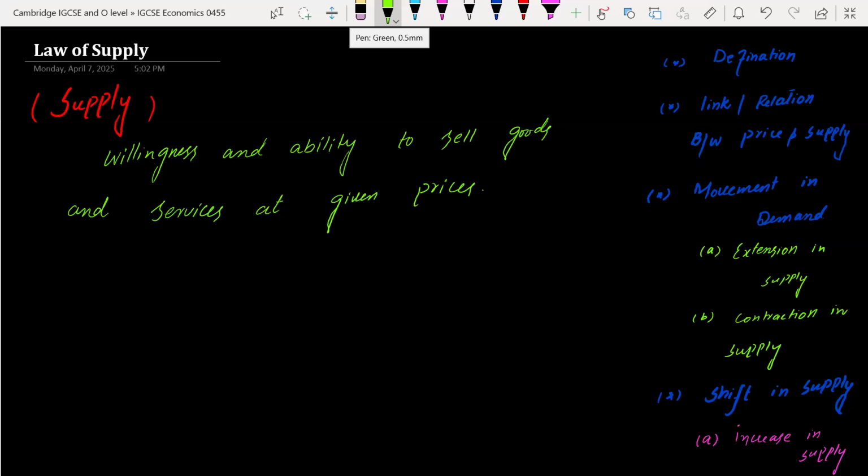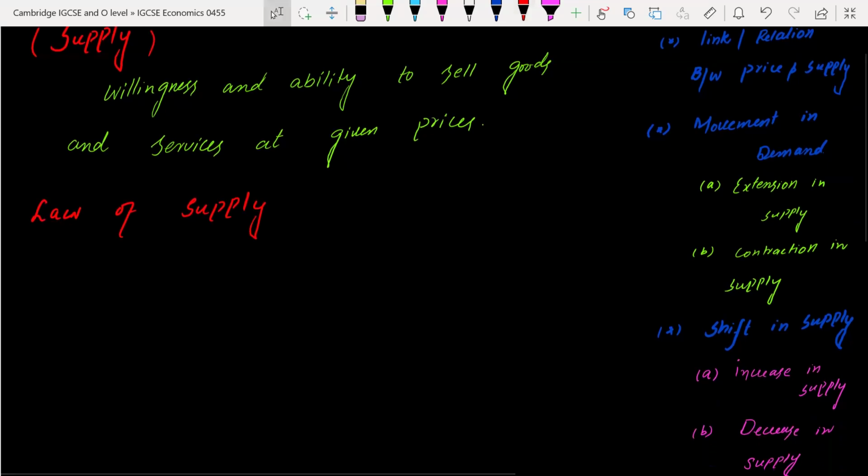So the law of supply, or relationship between price and supply, is like this.